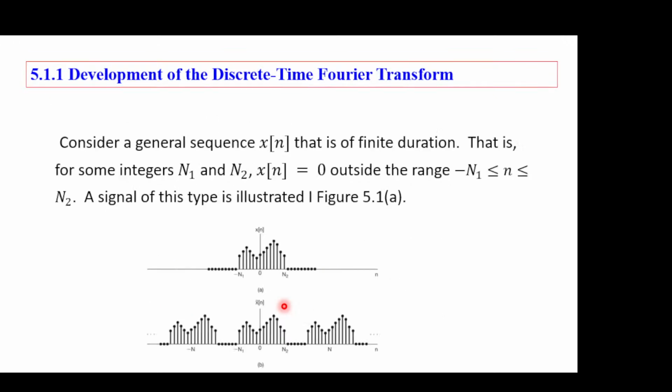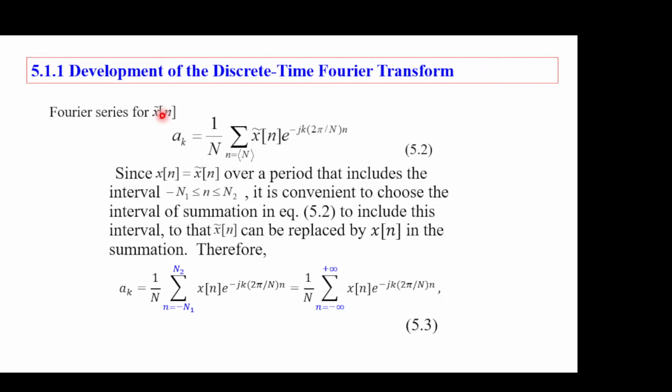Okay. And because x tilde of n is a periodic function, you can do the Fourier series on it. Here is the Fourier series formula we had before, and so you will have Fourier series coefficient a_k equal to this sum over one period of your function x tilde of n times e to the minus jkω n.